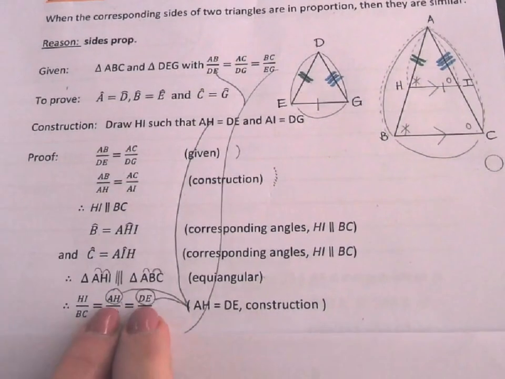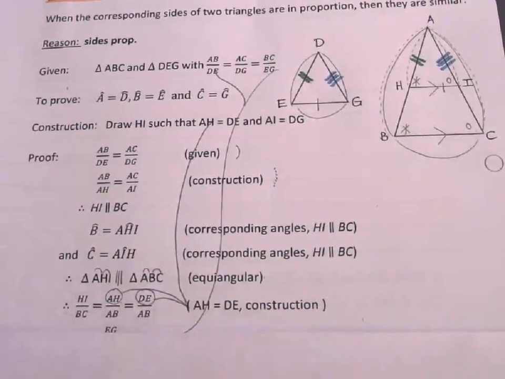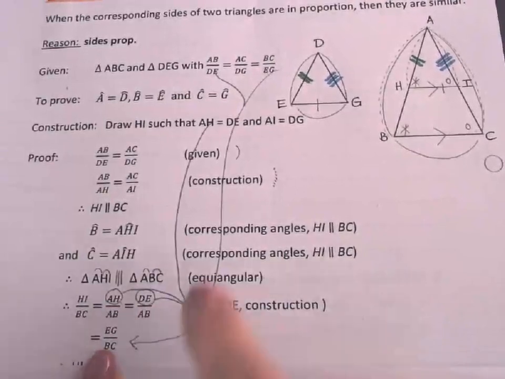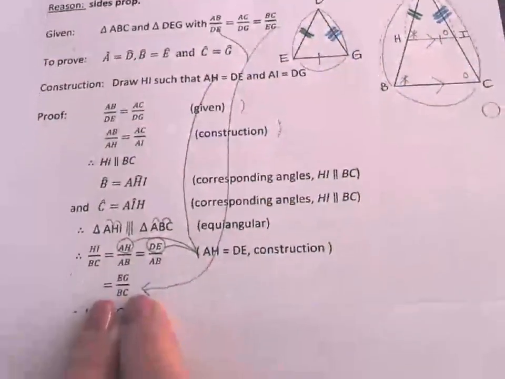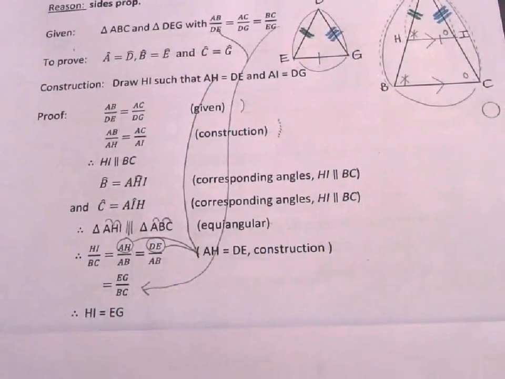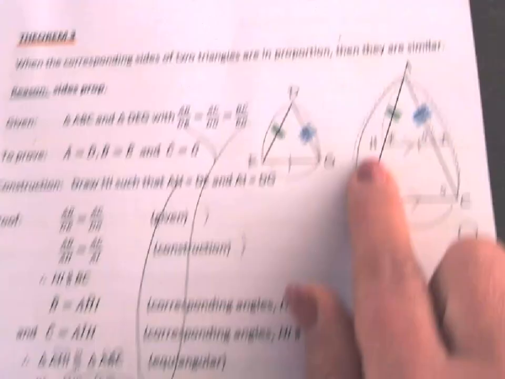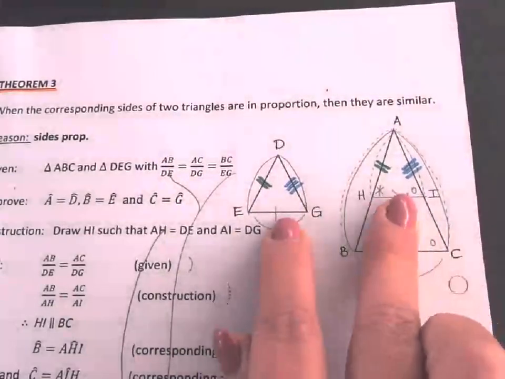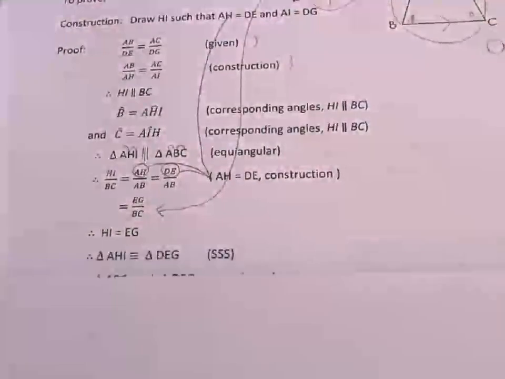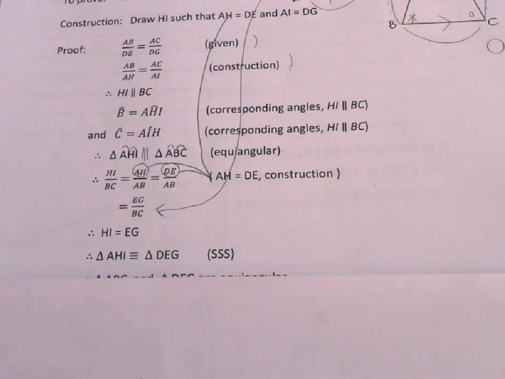But these two side lengths are the same. And that's equal to the third one. So now we have that HI is equal to EG. And therefore we have congruency, side, side, side. And because the triangles are congruent, it means that they are also similar.